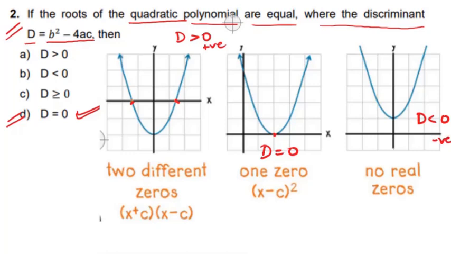And d is equal to 0 if both the zeros are equal.